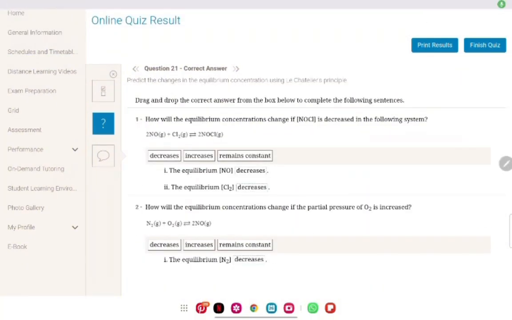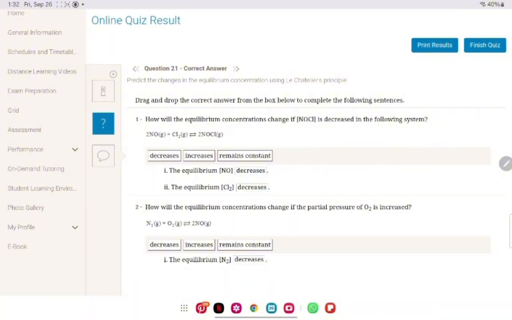This question, we did a lot of these, so this should just be easy by now. If NOCl is decreased, the system will try to increase NOCl. So how do you increase it? By moving forward. So NO decreases and Cl2 also decreases.